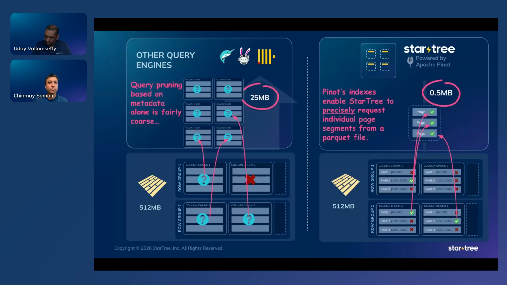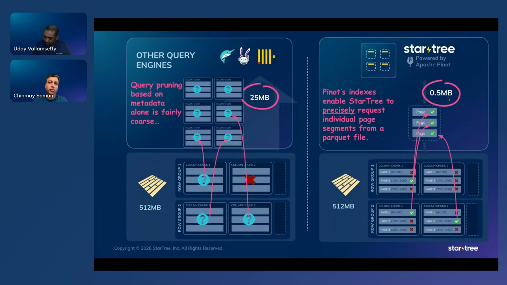So if you think about what's happening with traditional query engines, like Trino as a representative query engine, they all do partitioning, they all do Bloom filters, but when it comes to these Parquet pages, they need to download or scan these Parquet pages locally, and then do the processing on local compute. So this is just an example, but you are bringing in a lot more data on the local processing nodes.